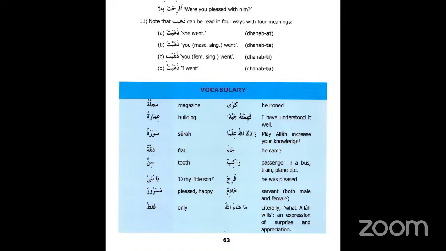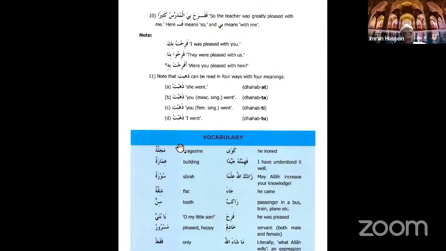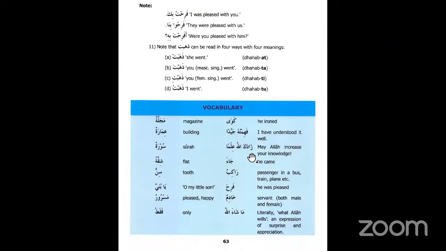Rakibun, passenger in a bus, train, plane, etc. Sinnun, tooth. Fariha, he was pleased. Ya bunayya, O my little son. Khadimun, servant, both male and female. Masrurun, pleased, happy. Masha Allahu, literally what Allah wills, an expression of surprise and appreciation. Excellent. And fakat, only. Correct.